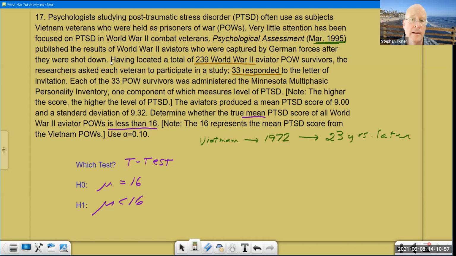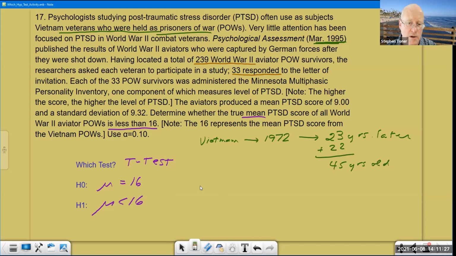Now, what were we looking at? These were Vietnam vets who were held as prisoners of war. They weren't generals. They could have just been infantrymen, and I'm just going to pretend they were 22 years old at the end of the war. So if I add 22 to that, most of these guys are about 45 years old at the time of the study, give or take a little bit. I'm just talking in round numbers.